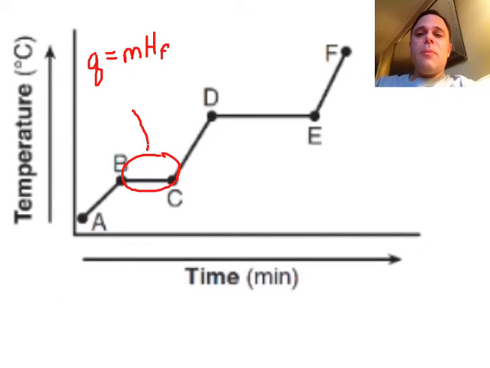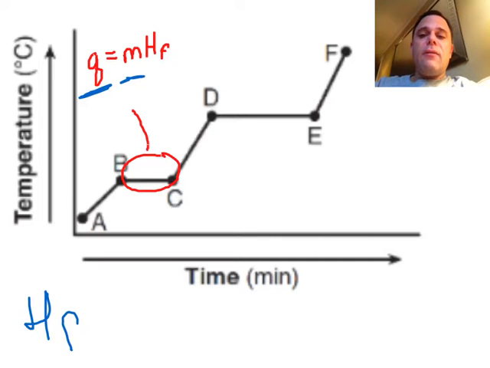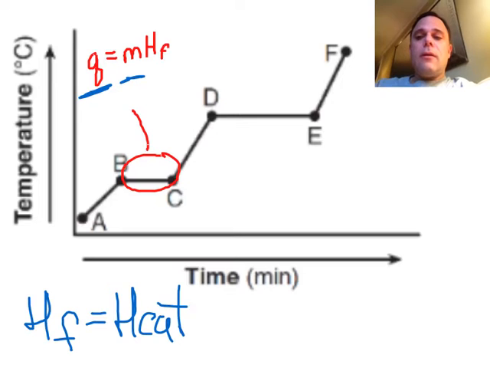Here we are talking about a question that might ask how much energy is required to add to ice at constant temperature to convert it to a liquid at constant temperature, where again Q is equal to energy, M is equal to mass, and HF is equal to what's called the heat of fusion.